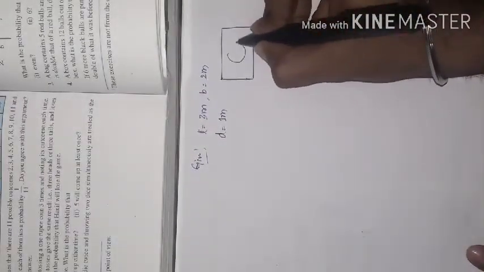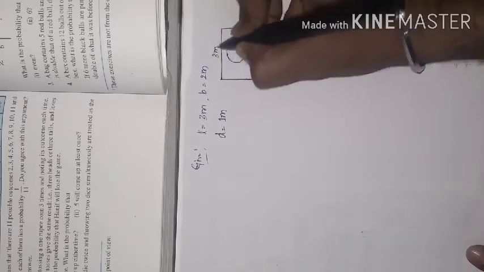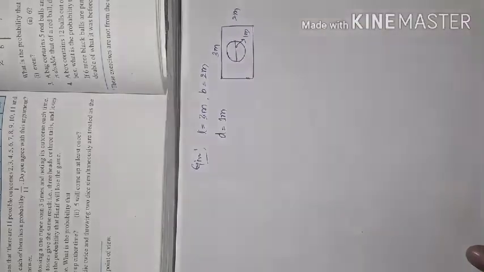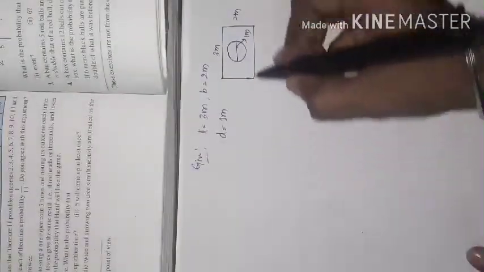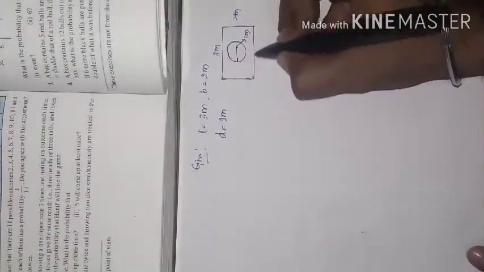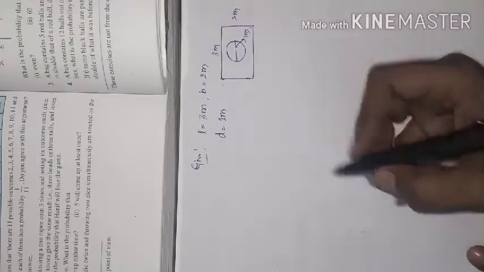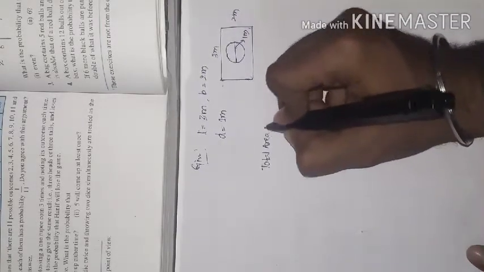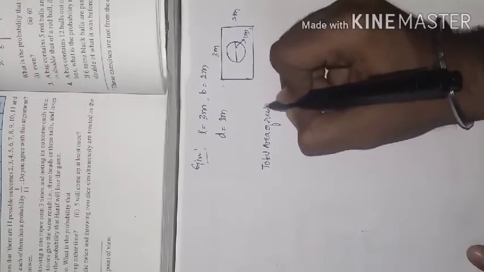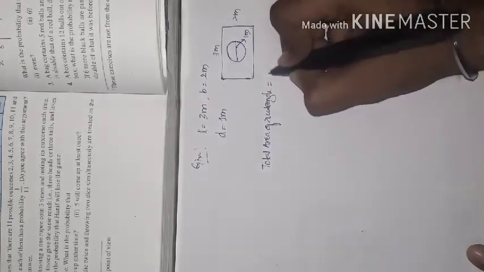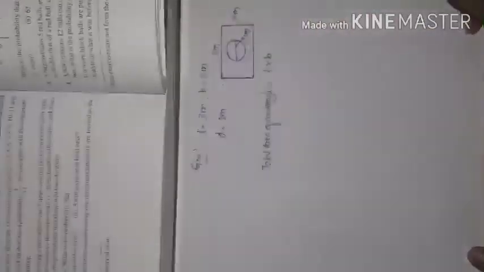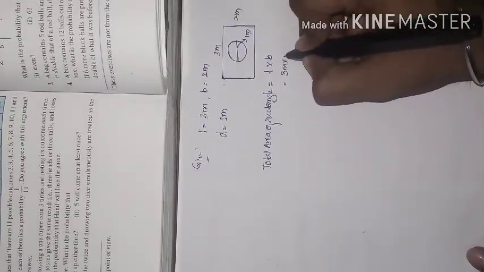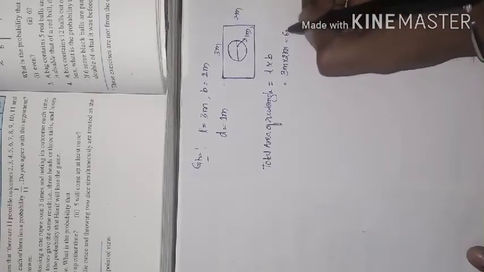So this is the diagram: 3 meter, 2 meter, and this is 1 meter. I will find the total area of the rectangle first. Length into breadth is the formula. Length is 3 meter and breadth is 2 meter, so it will be 6 meter square.